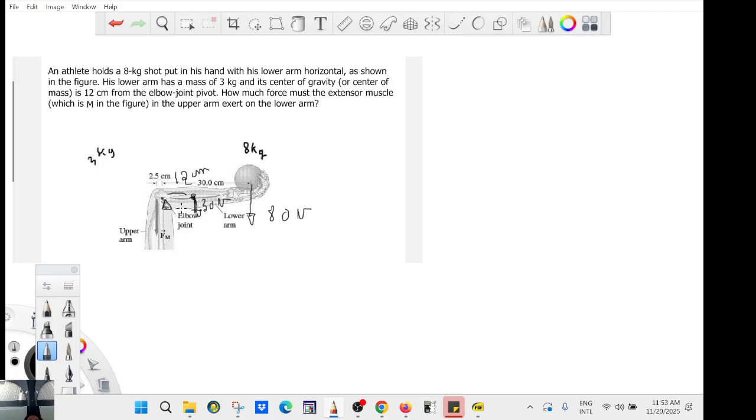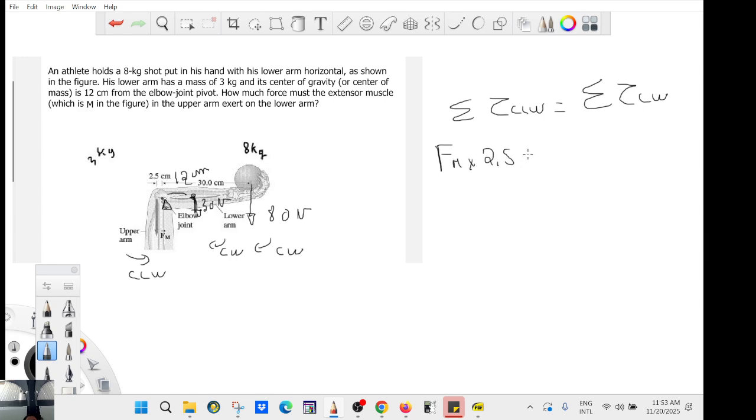Everyone? So that will be clockwise, counterclockwise. So the sum of the counterclockwise equals the sum of clockwise. So the muscle times 2.5 equals 80 times 30 plus 30 times 12.